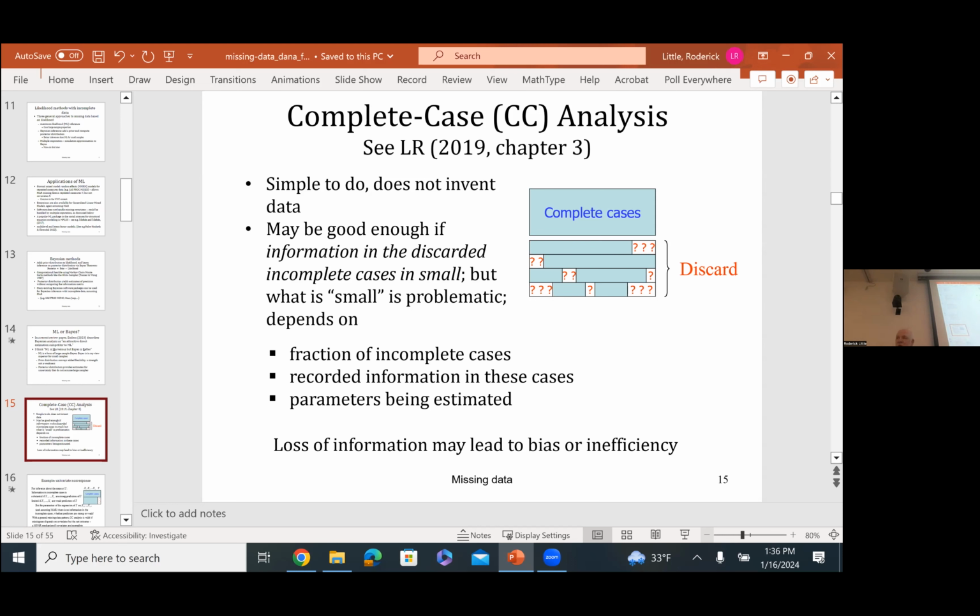Unfortunately, what's small depends on the setting. So it depends on how much missing data you've got. Fraction of incomplete cases is the obvious thing to look at. How much information is in those incomplete cases, and what you're estimating. So it's a little bit hard to make a hard and fast rule on this.